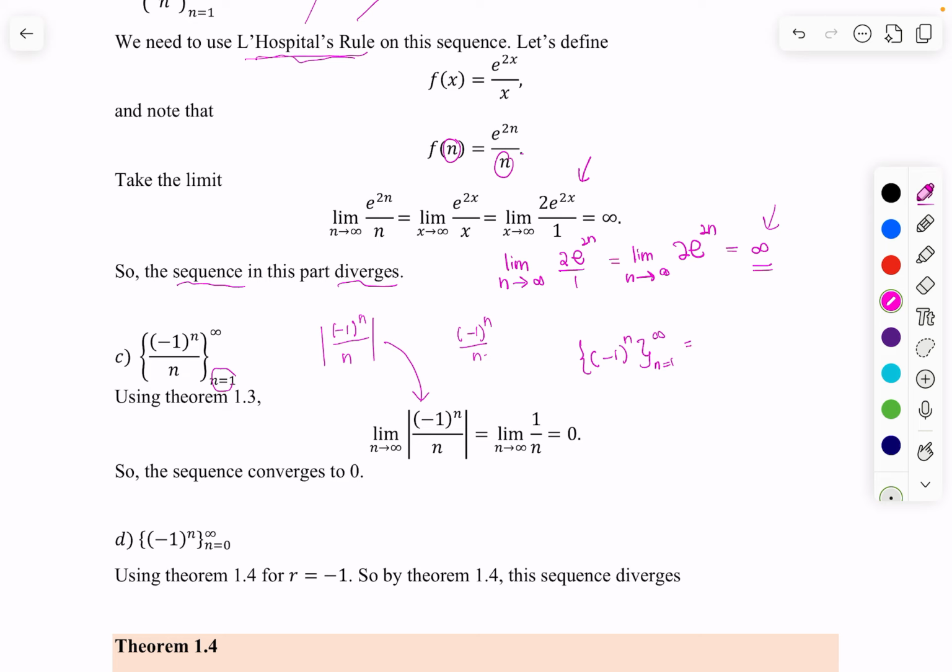The first term is (-1)^1, which is -1. (-1)^2 is 1. The third term is (-1)^3, which is -1. It will alternate between -1 and 1, -1 and 1, and so on. So the value could be just either -1 or 1.